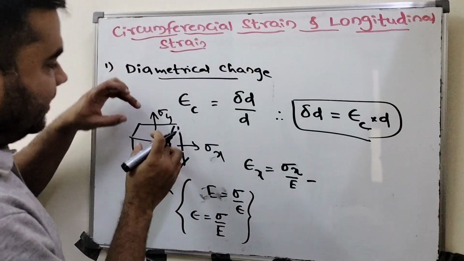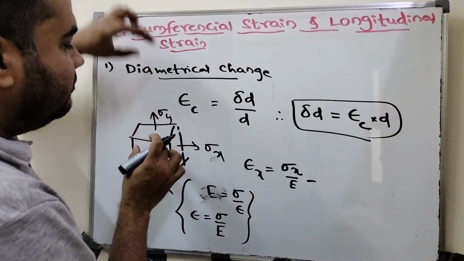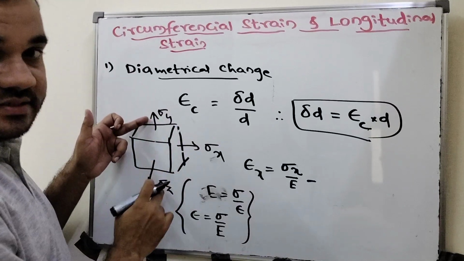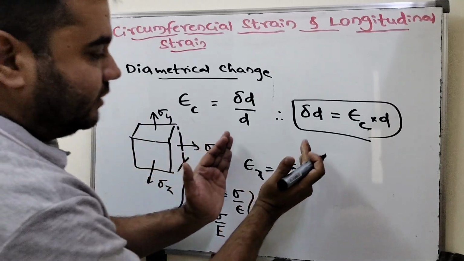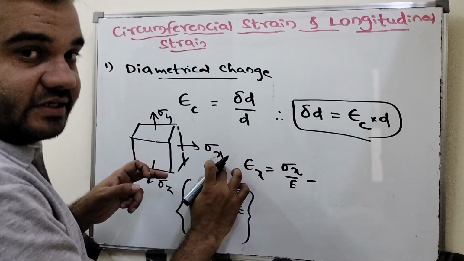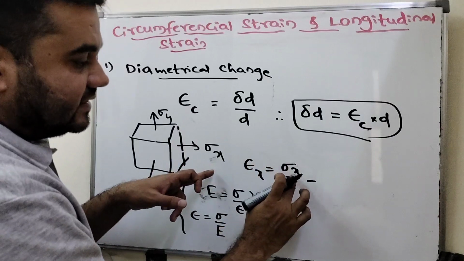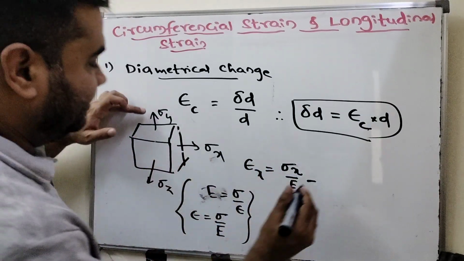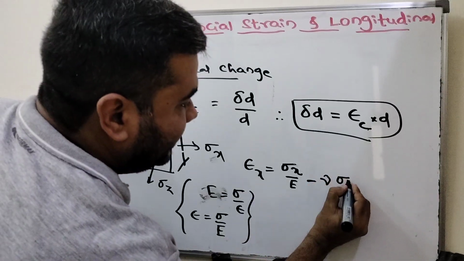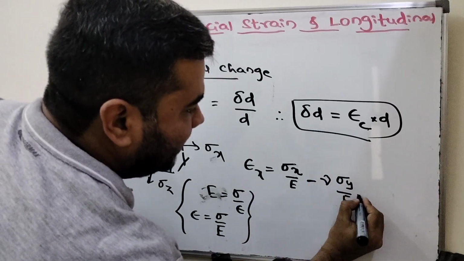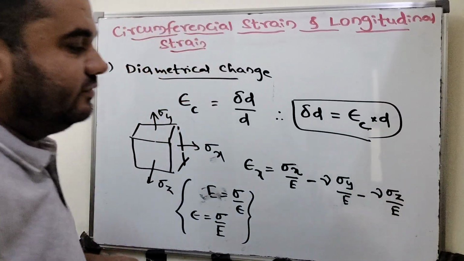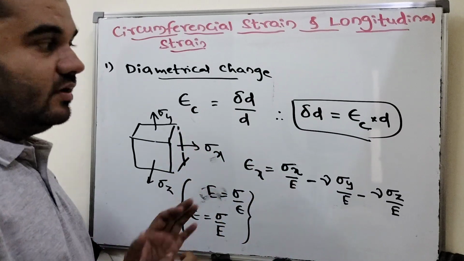Minus, because it also undergoes strain in the y direction and z direction because of these two stresses' effects. So the total strain in x direction is sigma x divided by E minus nu, where nu is Poisson's ratio, sigma y divided by E minus nu sigma z divided by E. This is the normal equation.